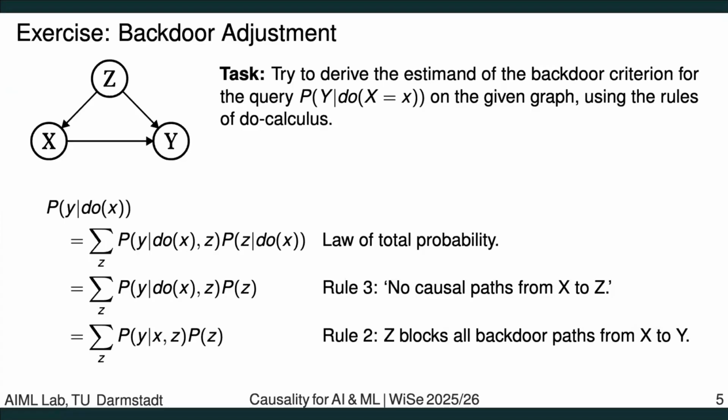There are no causal paths from X to Z. So it's in the anti-causal direction. And again, for the first term, because Z blocks all the backdoor paths from X to Y, we can drop the do operator there and just replace it with simple conditioning.